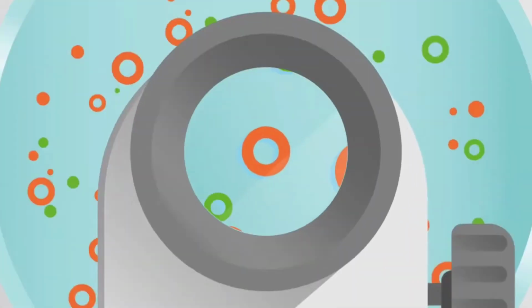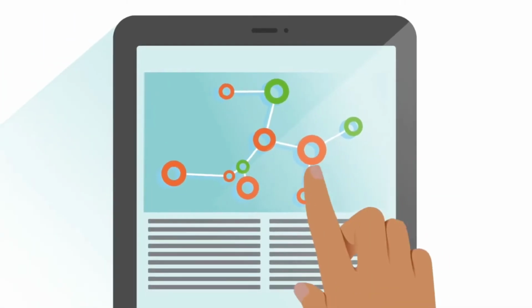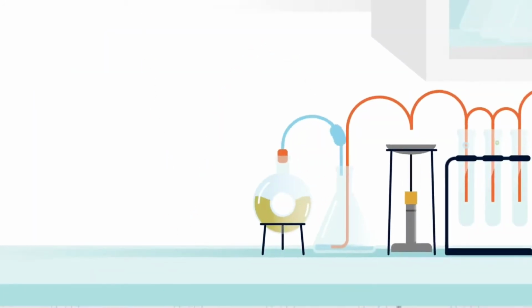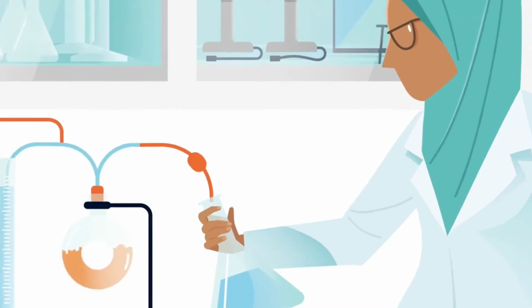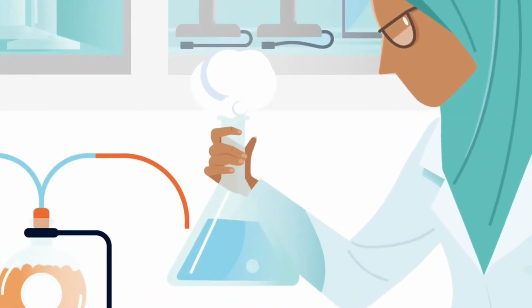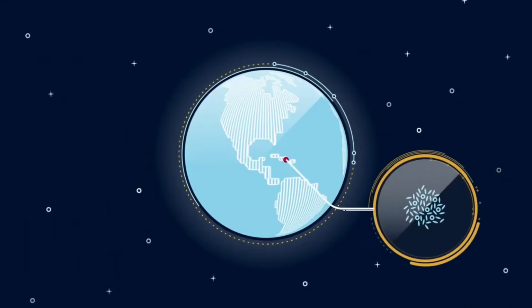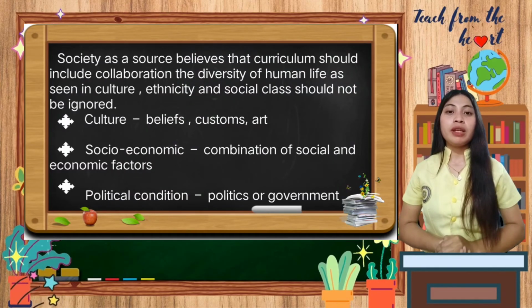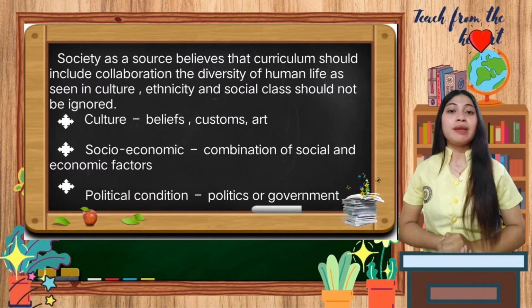There are many changes in the society that need to be considered in the curriculum. Science and technology continue to influence our everyday life as new science findings, new technology, and new information come in almost every single minute of the day. The new world of economy has also its own issues and demands.